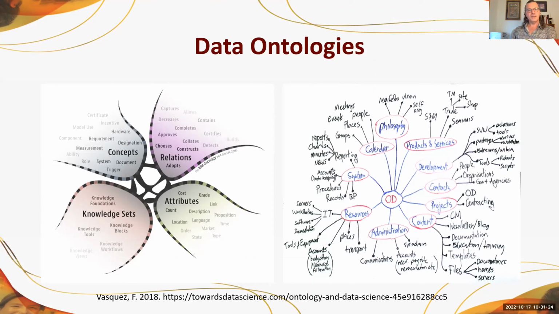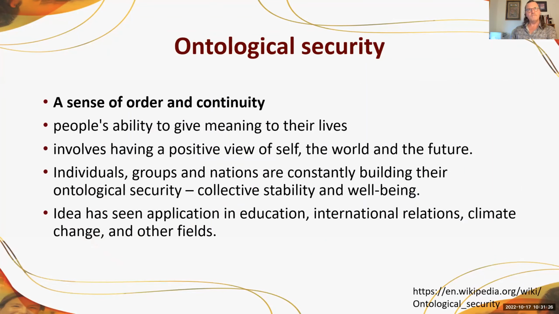And the same thing, I think, applies to how we map and build the space of our lives, including governance. So thinking of ontology as how the data world is organized and how the real world, or our world, is organized, both require a sense of order and continuity, at least for health, growth, and well-being.